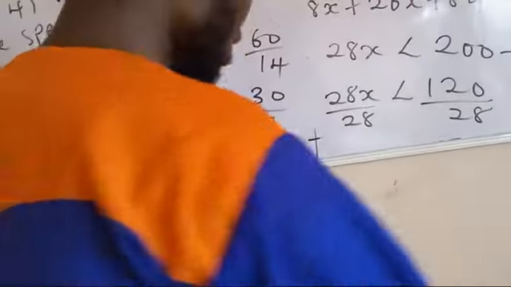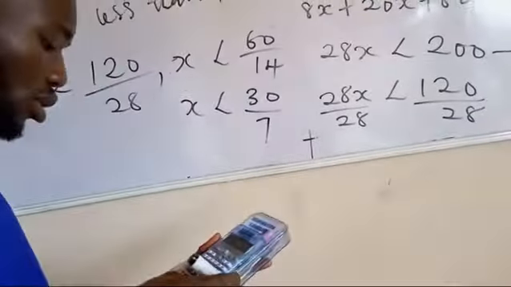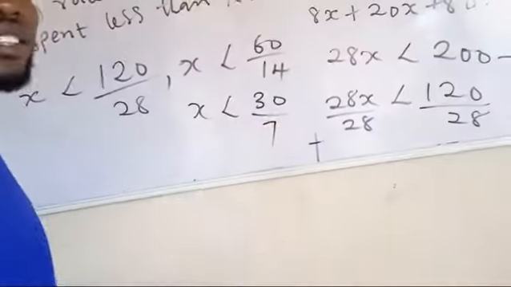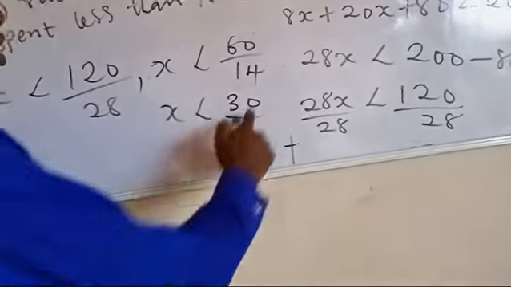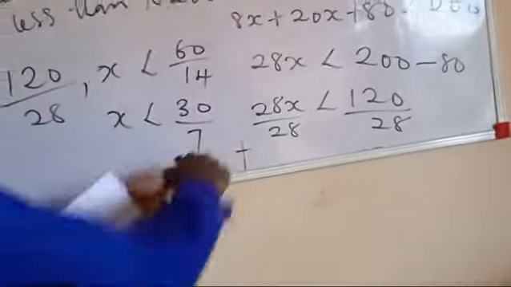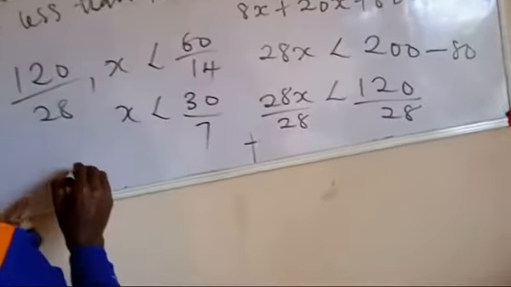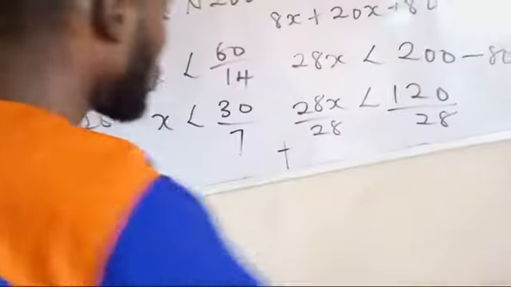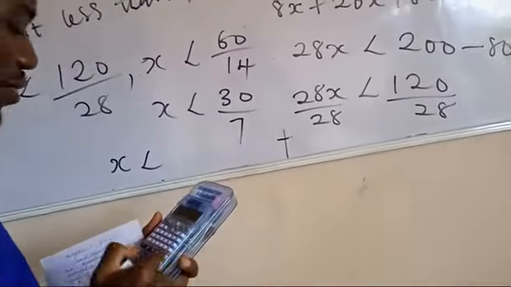So at this point, nothing can divide again because 30 cannot be divided by 7. But you have to break it down because the numerator is bigger than the denominator. So x is less than 30 over 7, and we have to convert it to a mixed fraction.